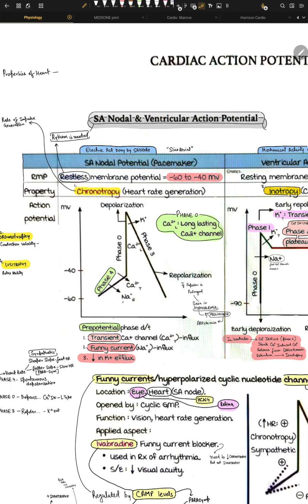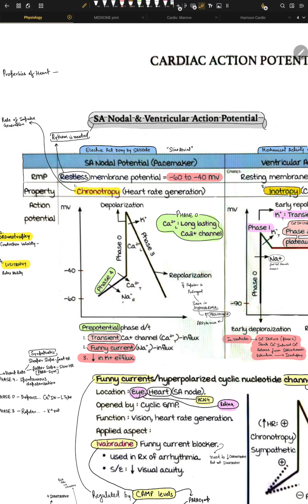Your ventricles are these big musicians. So the SA node is an impulse generator. Chronotropy, heart rate generation.